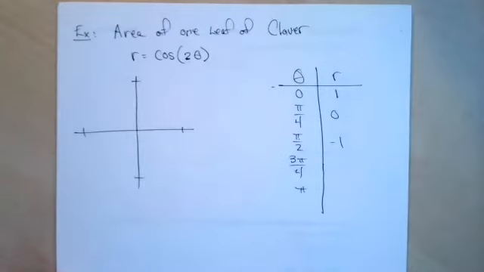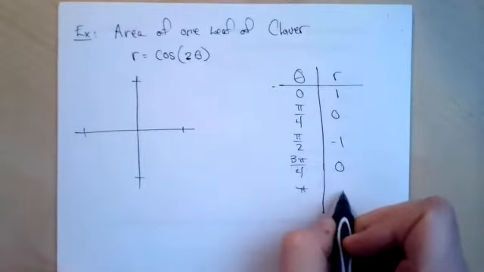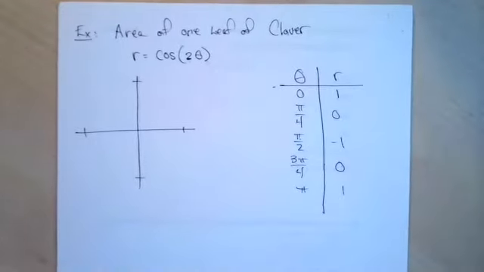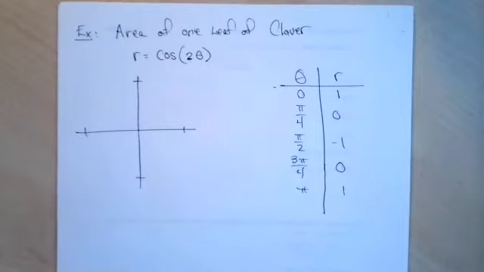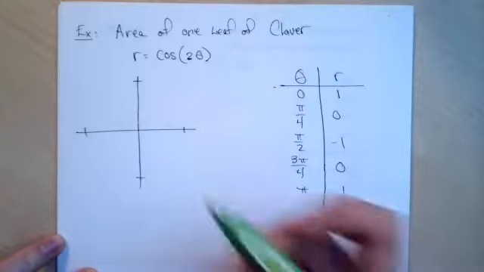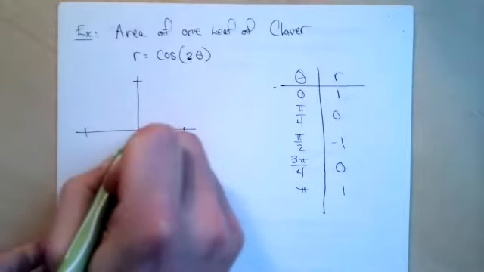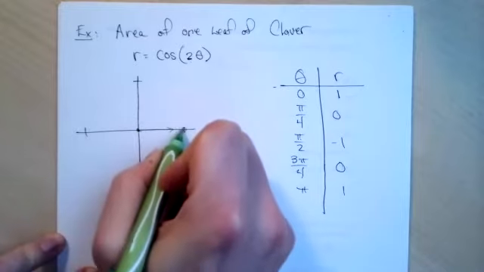But if we just compute these r's, what's going to happen? We're going to get alternating between 0 and 1 and -1. So let's graph it. I'll use my green for our lines. When the angle is 0, we're pointing horizontally. We go a distance of 1.